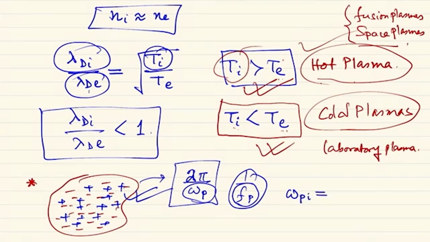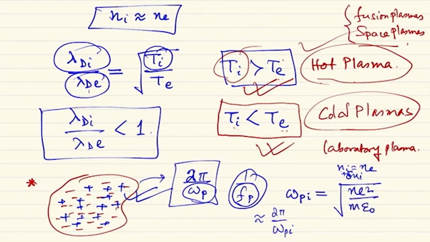If it is for the ions, that means if your original system has Ni equal to Ne, and you perturb Ni to Ni plus delta Ni, then the charge neutrality will be re-established in a time of the order of 2 pi by omega pi, where omega pi is root over Ni e square by Mi epsilon 0.